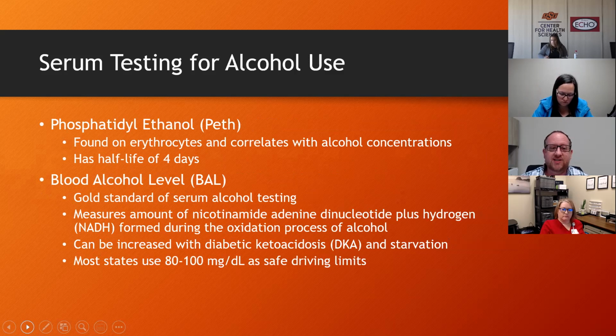And usually when you see PEth used, it's in criminal justice systems. It's a little bit more convenient in that you can use a finger stick to get PEth measurements versus a full venous draw like you have to with the other tests. And so you see it again utilized mostly with drug courts and the legal system.